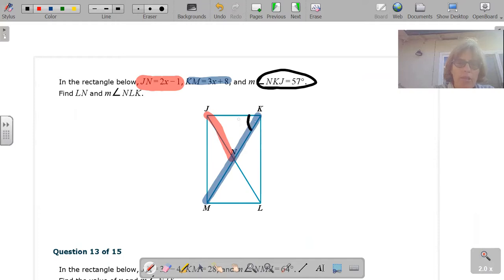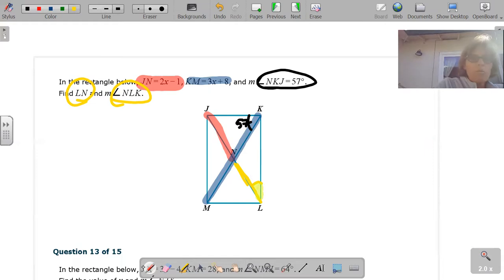NKJ right there is 57. We're being asked to find LN, which is right here, the yellow, and NLK, which is this angle right here.